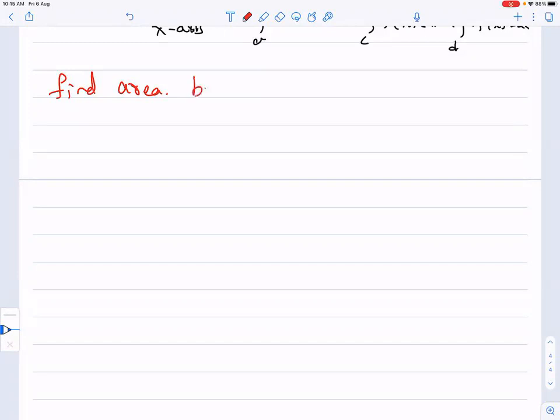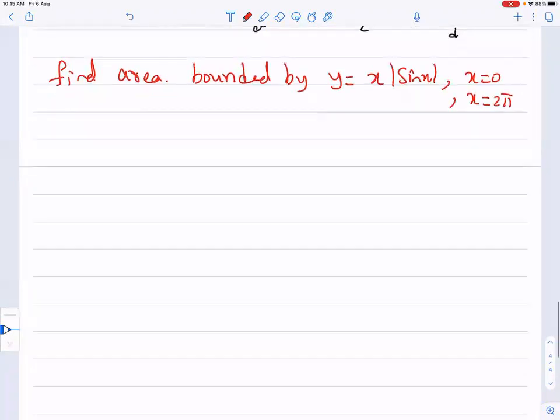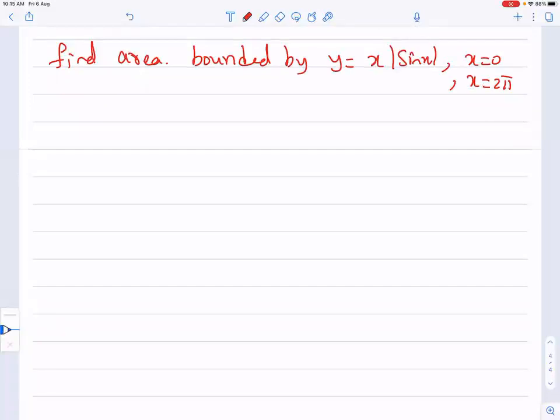Find the area bounded by y equal to x mod sin x, x equal to 0, x equal to 2 pi. This is the question. How do we do it? Now there is a modulus. First, let us understand how we plot the graph.